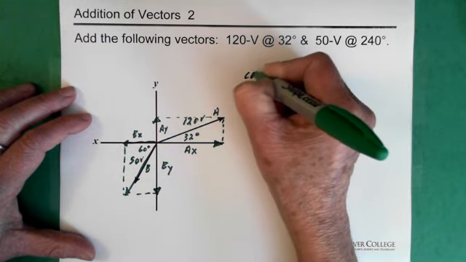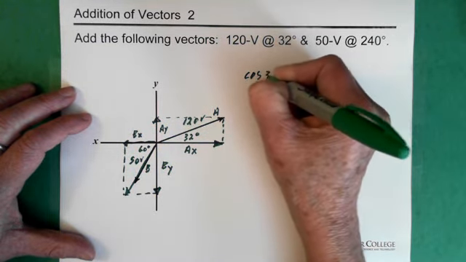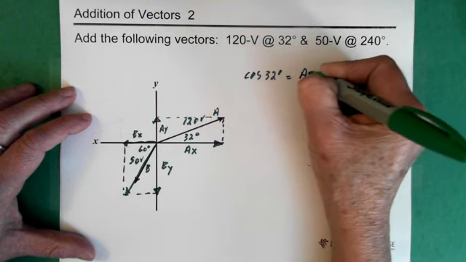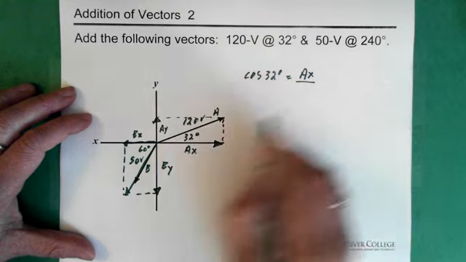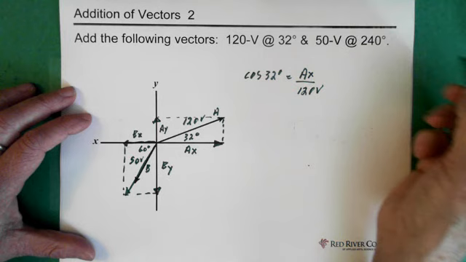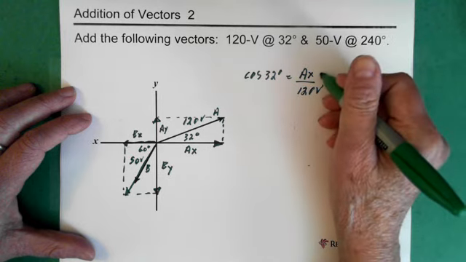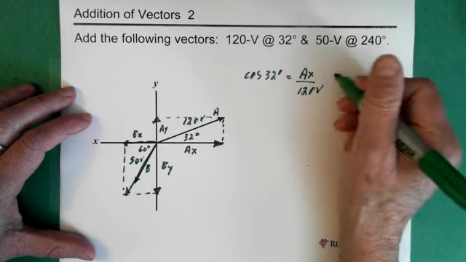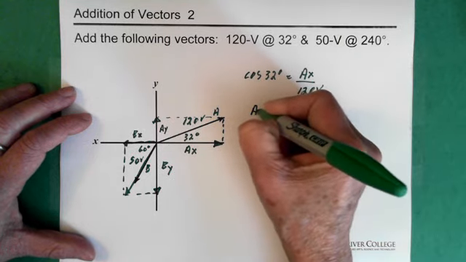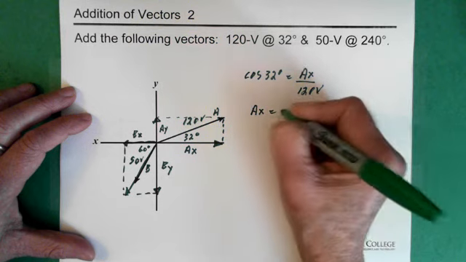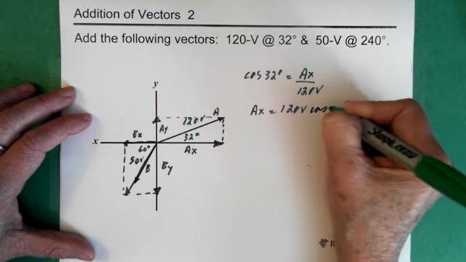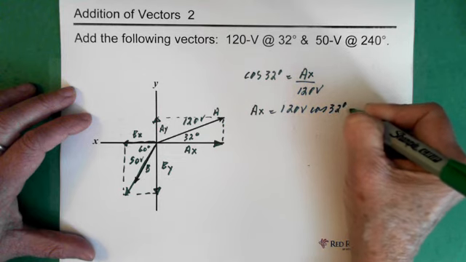So the cos of 32 degrees equals AX over the hypotenuse, which is the 120 volts. Now we want AX by itself, so we multiply both sides by 120 volts, and we end up with AX equals 120 volts times the cos of 32 degrees.